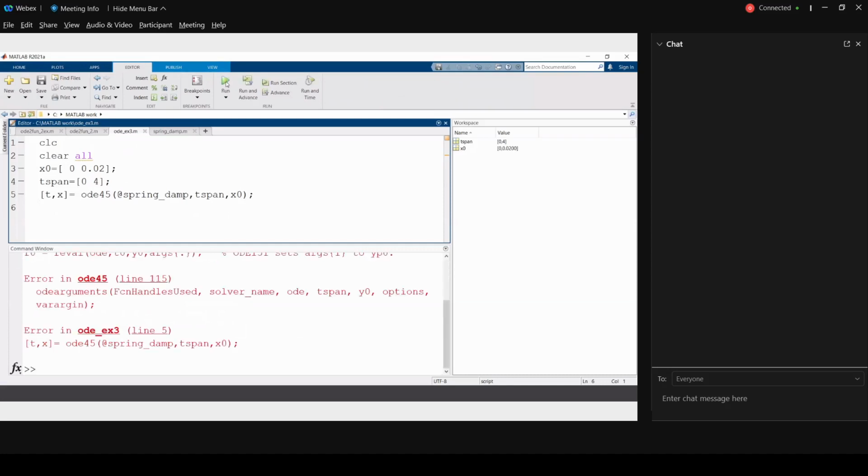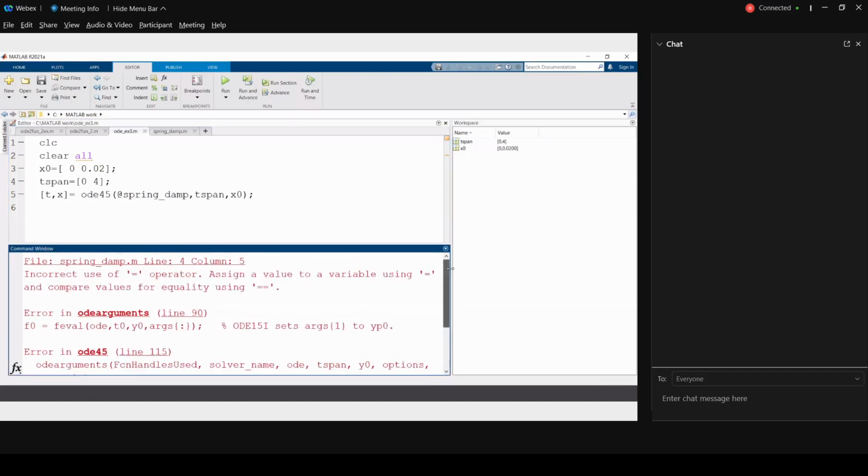Go to the first line of the error. Scroll up the red colored text in the command window, the window which is below. See what it says: incorrect.